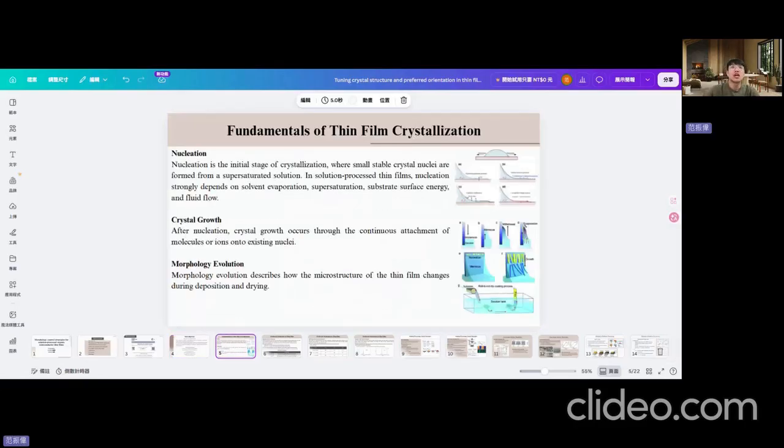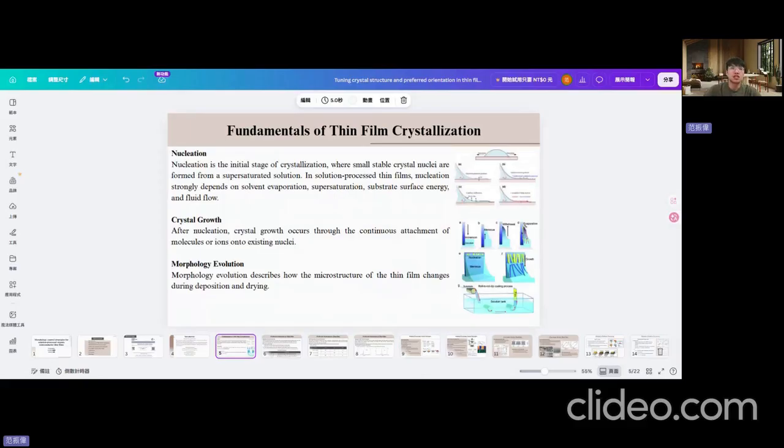Okay, and the next one is fundamentals of thin film crystallization, and they have three different steps. The first one is nucleation. During the solvent evaporation, the concentration of solution gradually increases, and once supersaturation is reached, crystal nuclei begin to form.